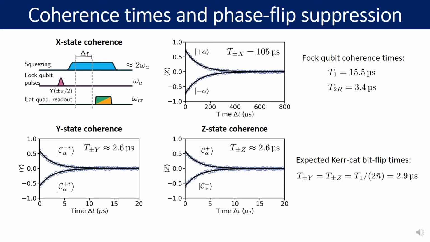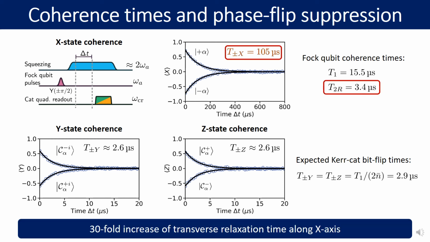Now, the take-home message for this slide is that we're seeing this 30-fold increase of transverse relaxation time along the x-axis from 3.4 microseconds to 105 microseconds. But we're also seeing this decrease. And now what will basically be a figure of merit for our qubit is if we can apply gate operations to it much faster than this now reduced bit flip time. And that's what I want to characterize on the following slide.